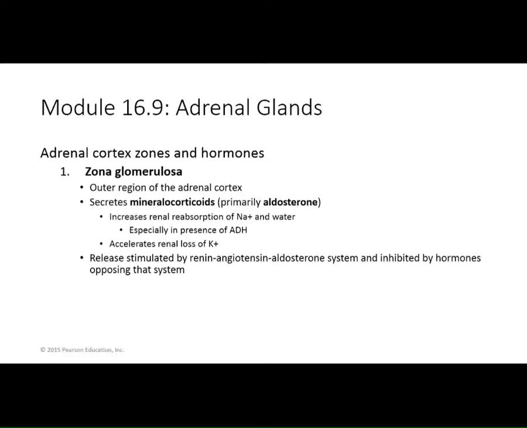The big one that you need to remember from here is aldosterone. All of the hormones in this outer layer are somehow involved with mineral control, and the big one will be aldosterone. Now, we saw aldosterone a little bit in passing with the water content, but it increases reabsorption of sodium and water, and especially in the presence of ADH.